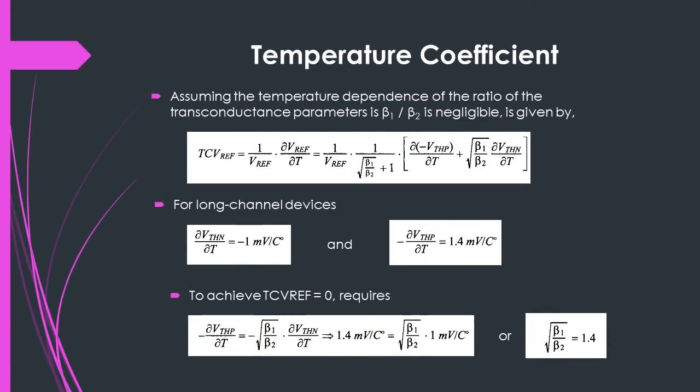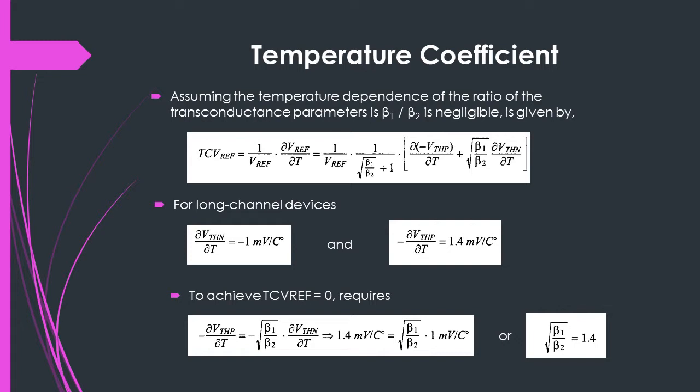The temperature coefficient, assuming the temperature dependence of the ratio of the transconductance parameters beta1 over beta2 is negligible, is given by TCV reference equal to 1 over Vref times the change in Vref with respect to the change in temperature.